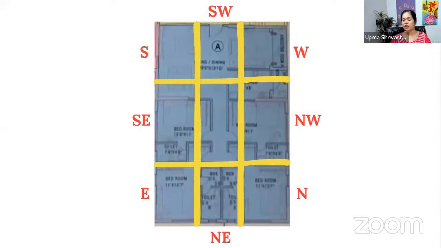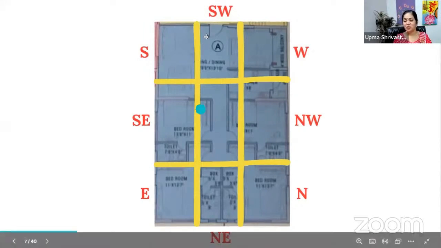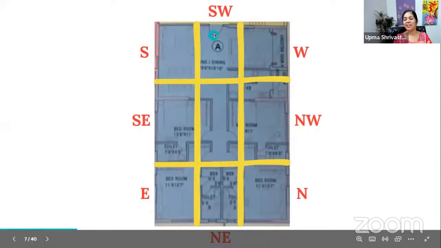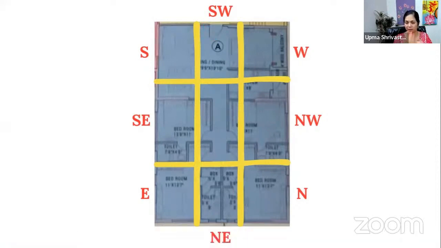In the northeast, a washroom is normally not good. In this client's floor plan there is a washroom in the northeast, and according to the birth chart, Ketu is placed at the entrance.